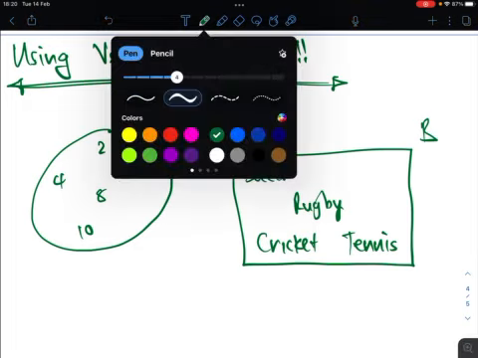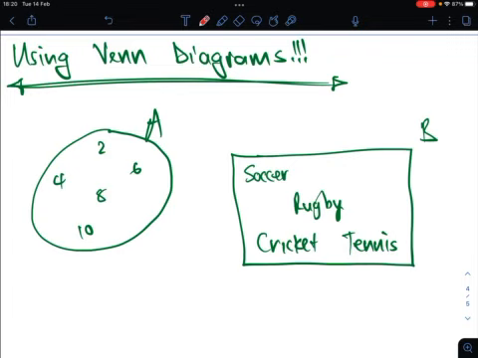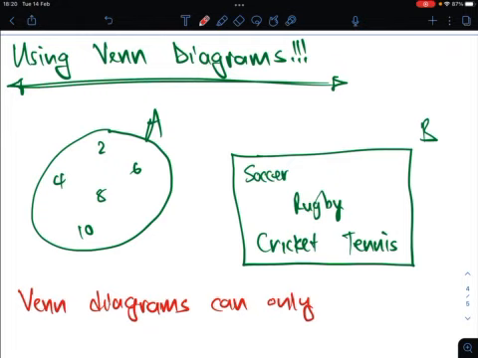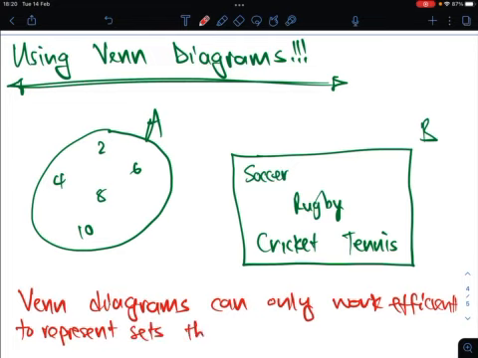But one thing you should pay attention to now is that Venn diagrams can only work efficiently to represent sets that are reasonably finite.